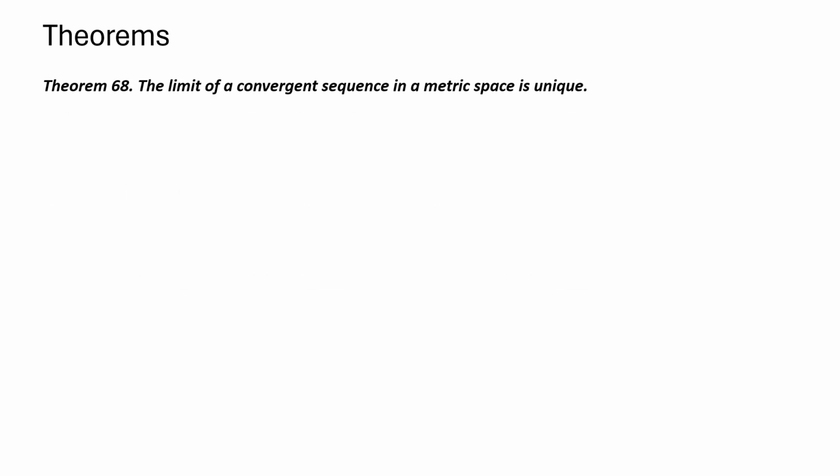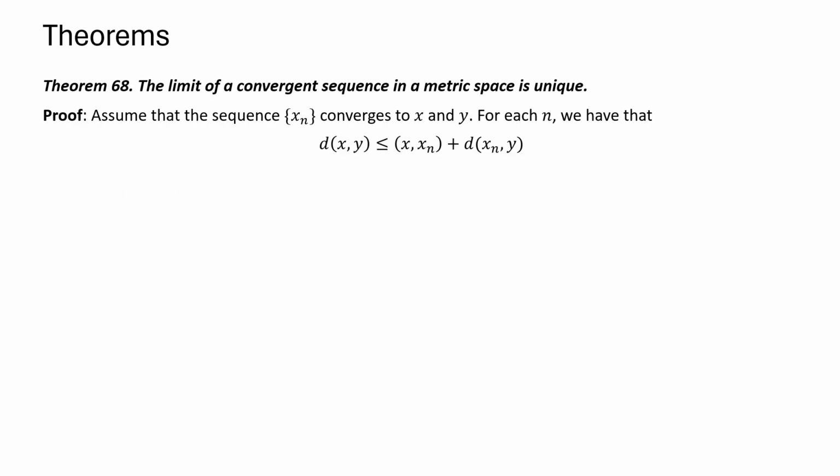So let's look at a few theorems. We have one here. The limit of a convergent sequence in a metric space is unique. So assume that we have a sequence x sub n that converges to two different points, x and y.